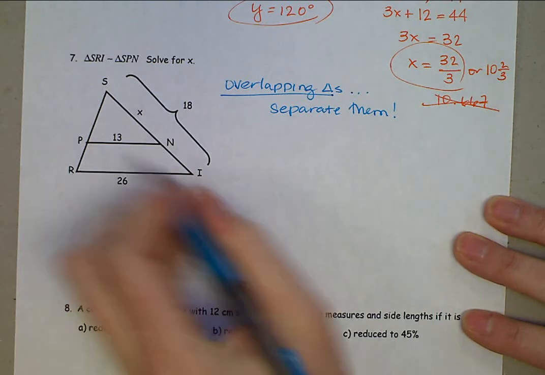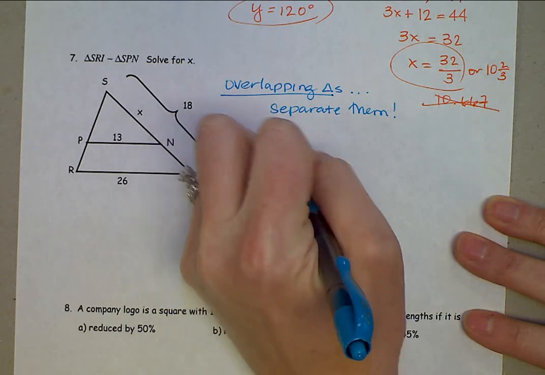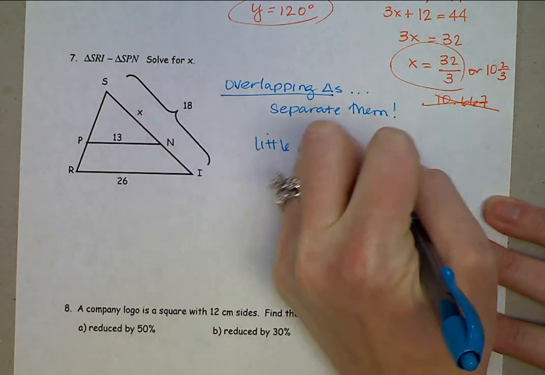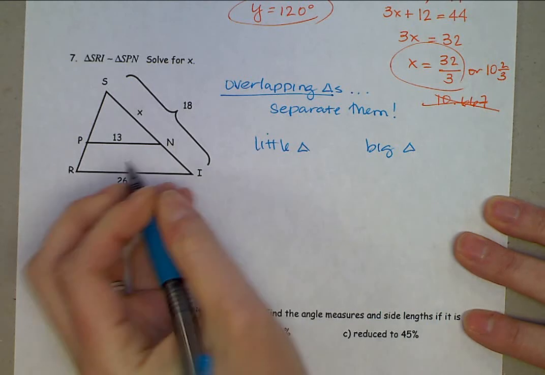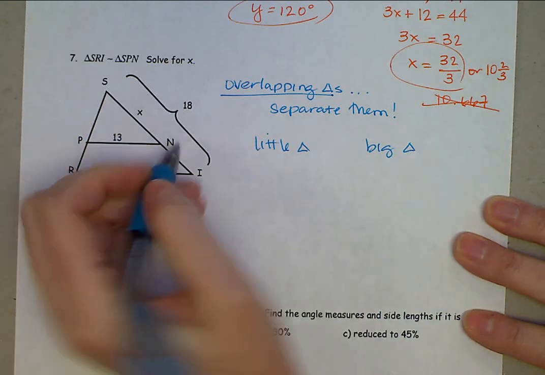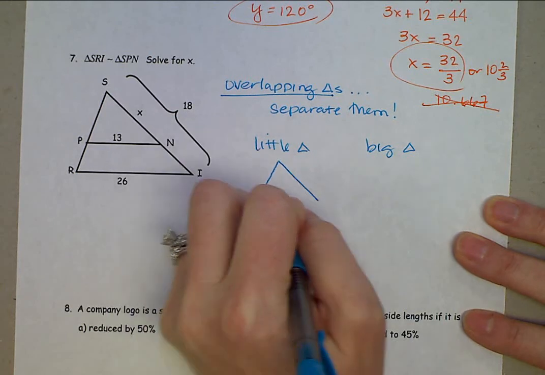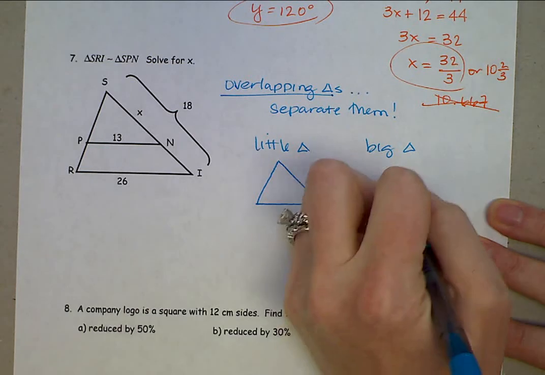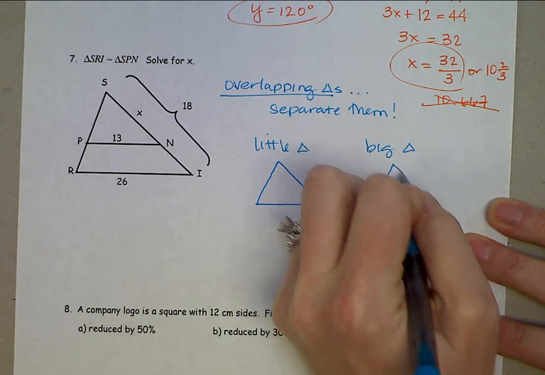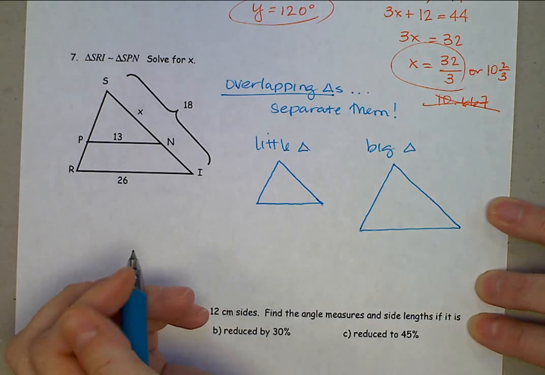I'm going to label them as little triangle and big triangle. For the little triangle, try to keep the same orientation, so we've got a longer side over here. Doesn't have to be perfect, just estimate. There's my little triangle.